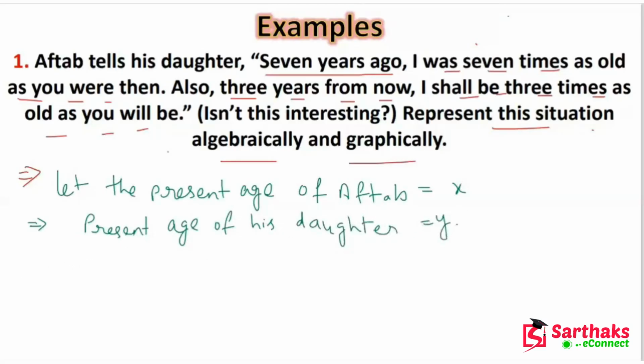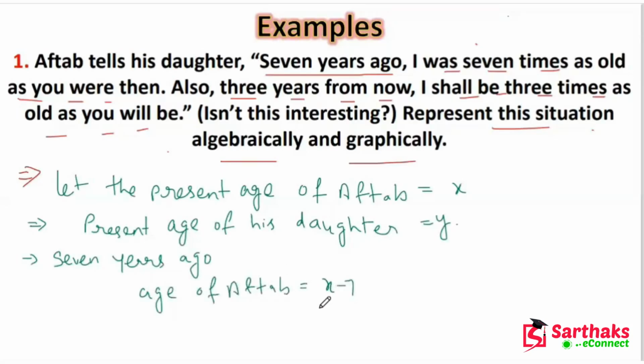Okay, so the age of Aftab 7 years ago, okay, 7 years ago, the age of Aftab is equal to x minus 7.